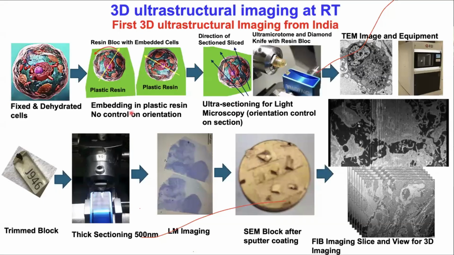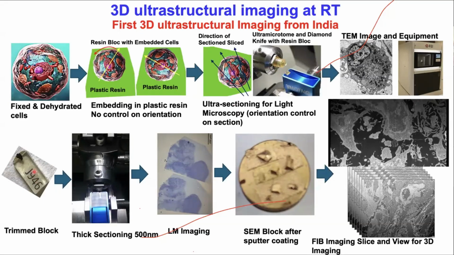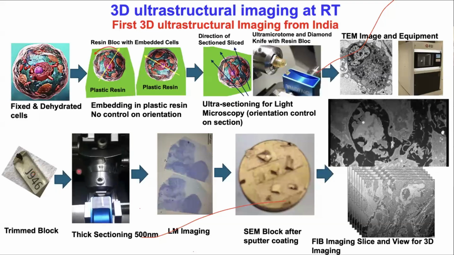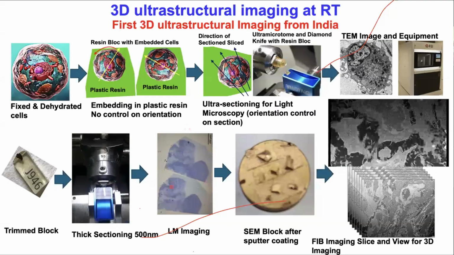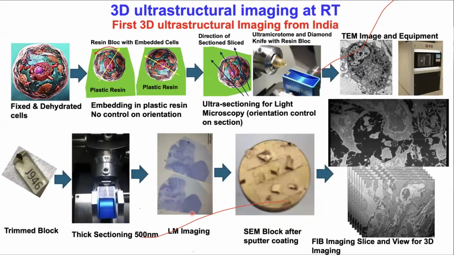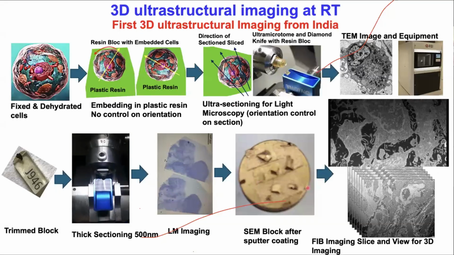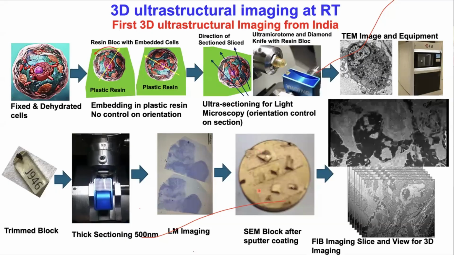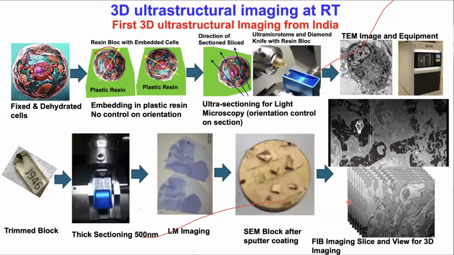The same TEM block we are using, whatever we prepare for our own samples to image. After ultramicrotomy, we just stain it, then transfer it onto the SEM stub, and this stub is transferred to the FIB, and finally we can generate this 3D imaging.